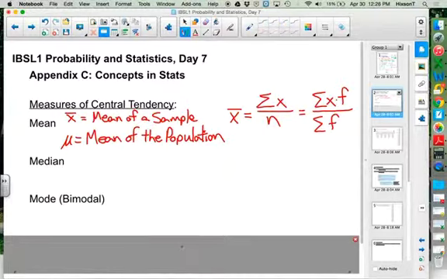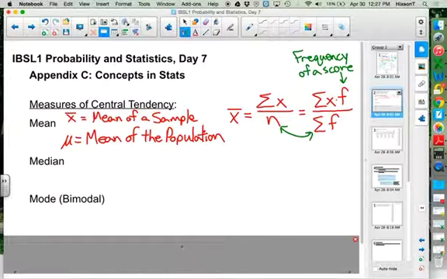So this F is frequency, the frequency of each score. So notice here, the sum of all your frequencies will be the same as n. When you're doing these, they are equivalent.